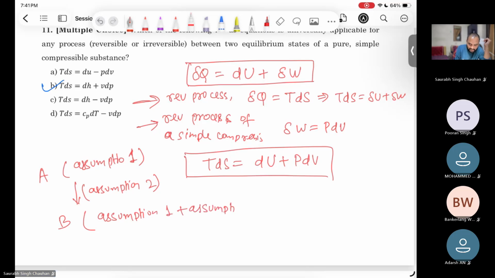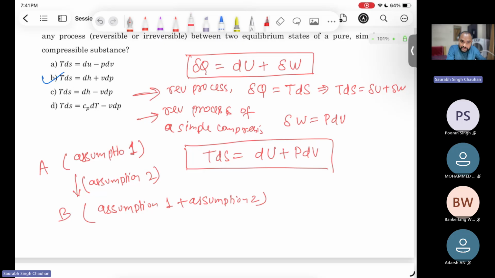You have some equation valid under some assumptions, then you apply some more assumptions and get a new equation. Then that new equation will be valid under all the assumptions you have made earlier. Are you getting what I'm trying to convey? Yes, sir. You are adding more and more assumptions, so all those assumptions should be there, only then will the final equation be valid.